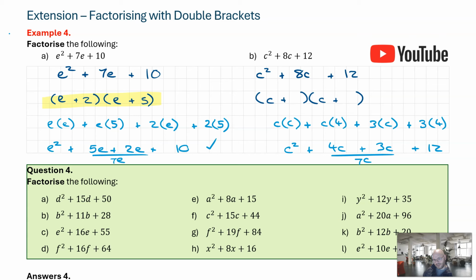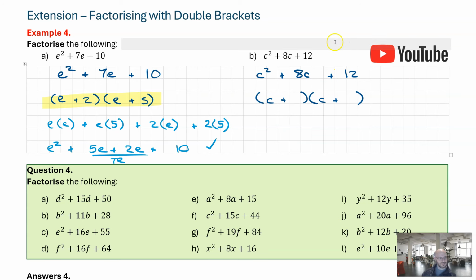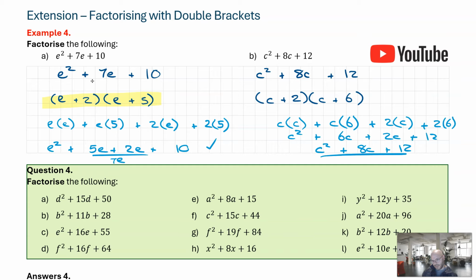We have to pick two different numbers. We have to pick two numbers that are going to multiply out to give us that 12 at the end over here. Trying again, we know that 3 by 4 is 12, but we can also do 2 by 6. Expanding this out, and lo and behold, we get the correct expansion.